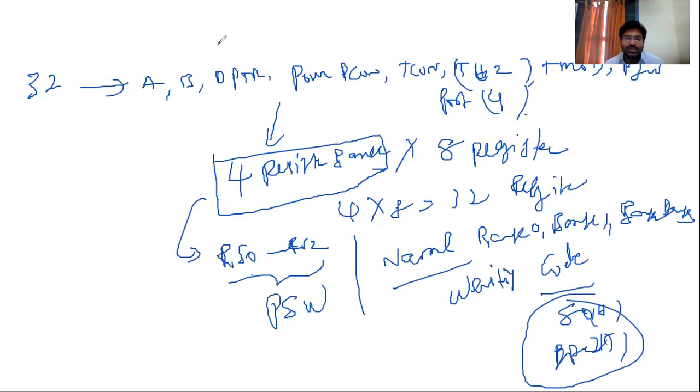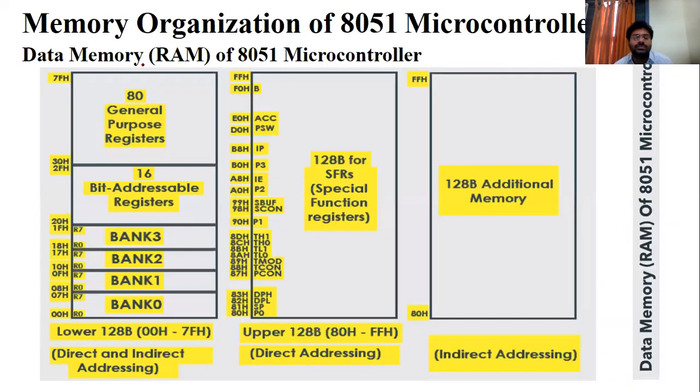Okay, now see this is the diagram. Now see how to access this. Remember, this is actually 256 bytes, divided into 128 bytes of data RAM plus 128 bytes of SFRs.